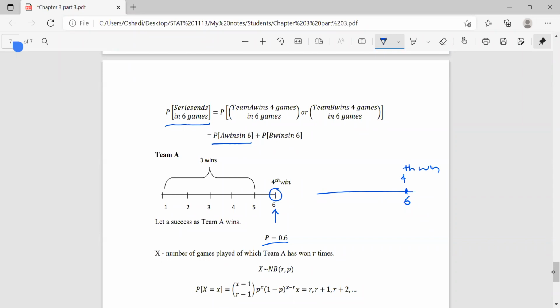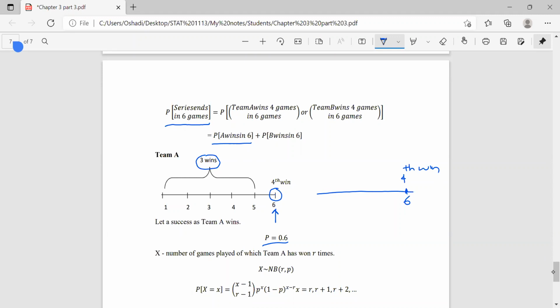Right? So within the first 5 games, there should be 3 wins. Considering team A wins, the scenario follows a negative binomial distribution. If we consider the random variable X as the number of games played of which team A has won r times, r is now 4 and p is 0.6.